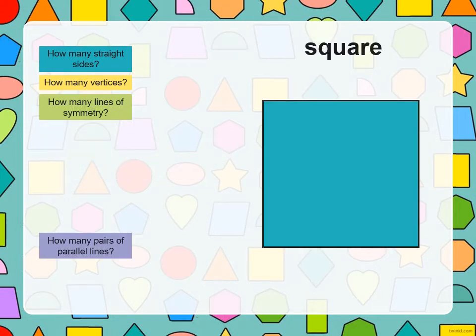A square. How many straight sides do you think a square has? I bet you can quickly do it. How many vertices? You should be able to do this one too. How many lines of symmetry? So how many times can we fold it in half? We can fold it in different ways and it still be exactly the same on both sides.